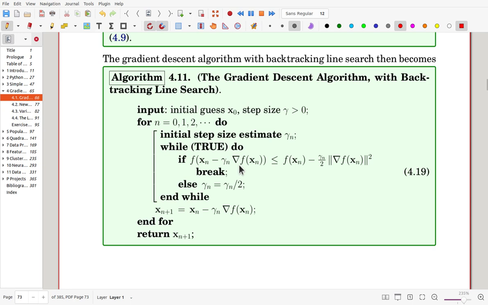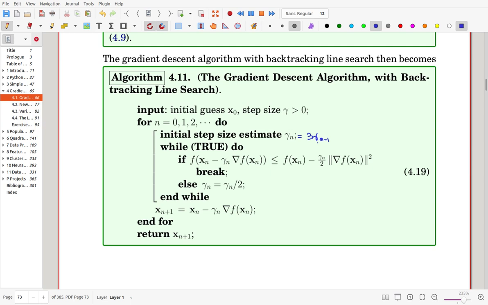That means that for each nth iteration, gamma must be chosen somewhat large, so that through the checking of the sufficient decrease condition, it becomes smaller and smaller. For example, gamma n can be chosen as 30 times gamma n minus 1.